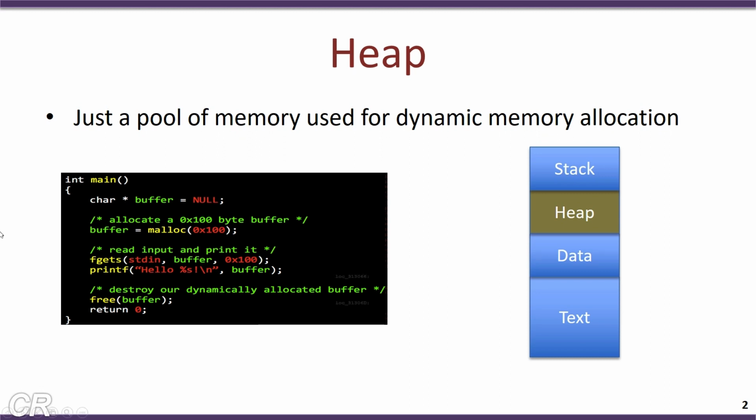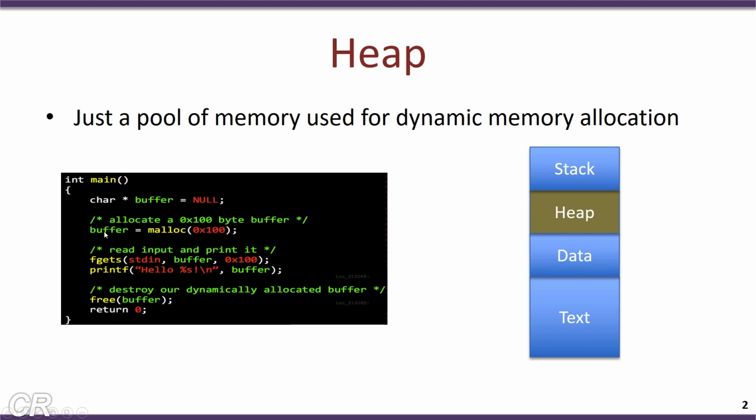So let's look at this motivating example. We have a small C program here, and what we have is an invocation to malloc which requests 256 bytes. When this malloc gets invoked, in the process address space, a chunk of memory of approximately 256 bytes would get allocated, and the pointer to that memory is present in buffer.